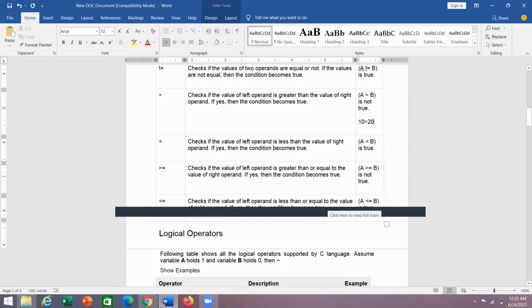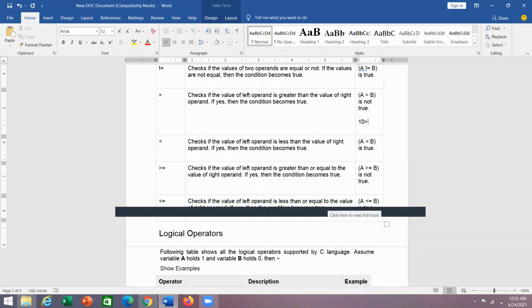No, it's wrong. What I'm saying here is the left operand is greater than the value of the right operand. Here A value is 10, B value is 20. Which one is greater? B is the greater one. So the value becomes false. If yes, then the condition becomes true. If it is not, the condition is false. Okay. Next.